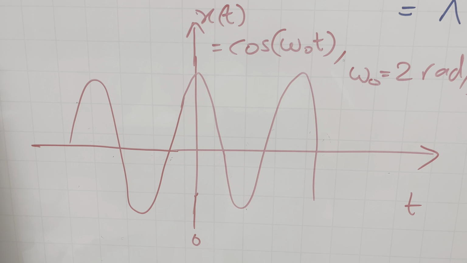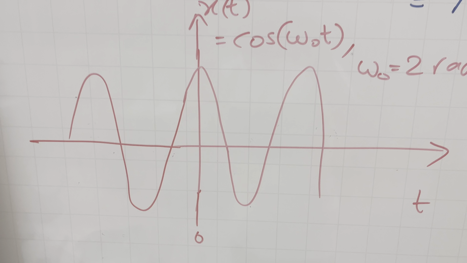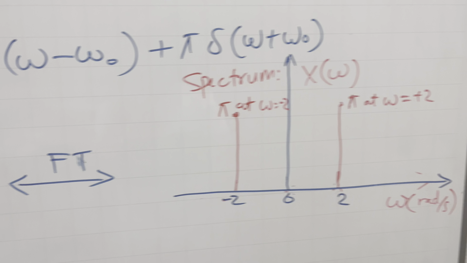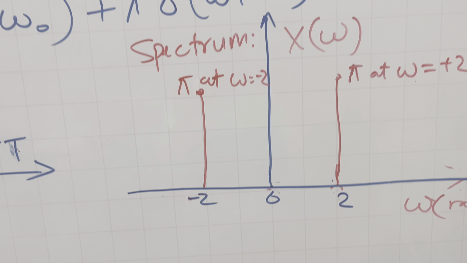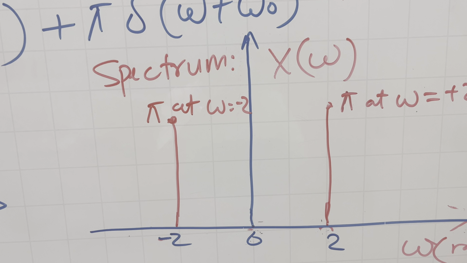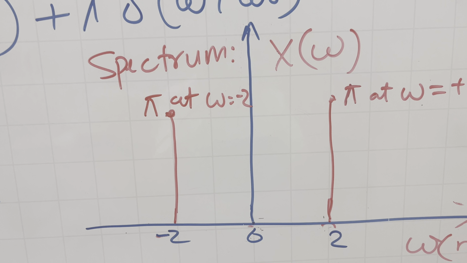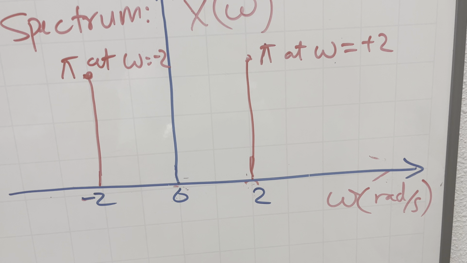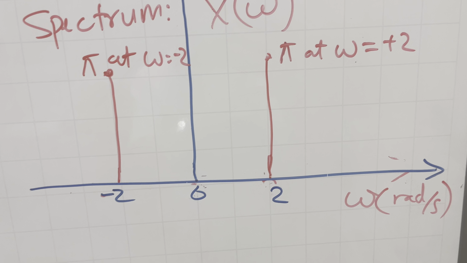After transforming this signal, that is cos omega naught t, by Fourier transform, we have this signal which is the spectrum, which can be represented as shown out here. The y-axis is X(omega) and the x-axis represents frequency omega, which is in radian per second.